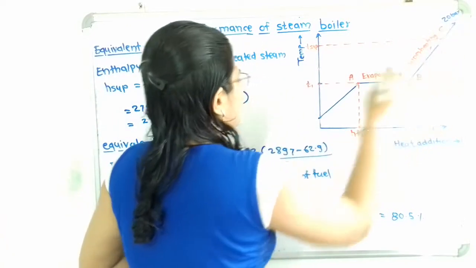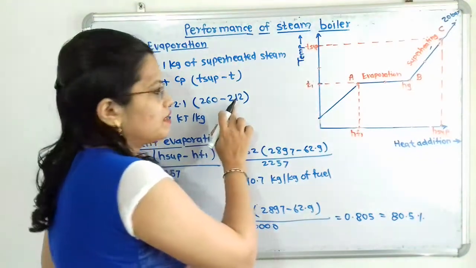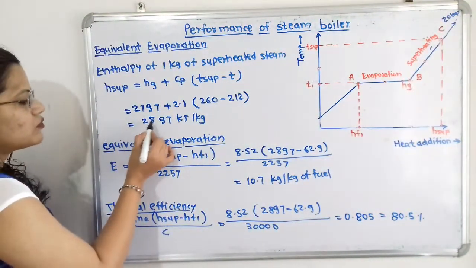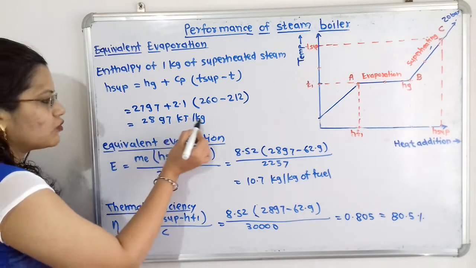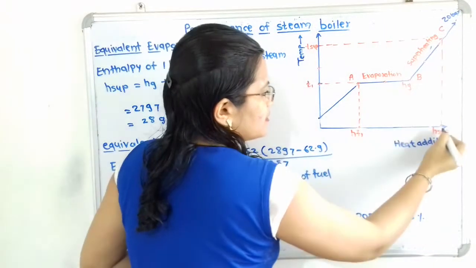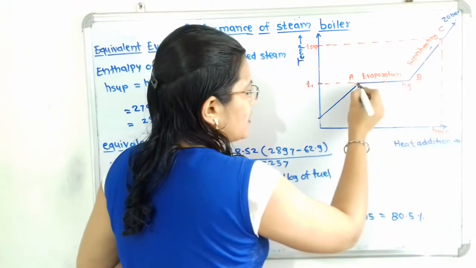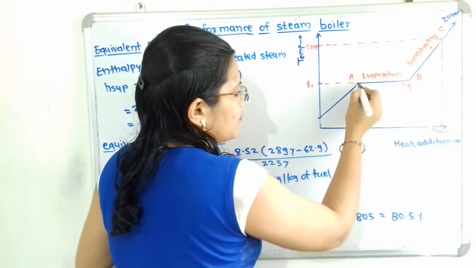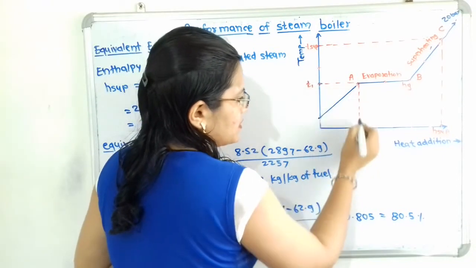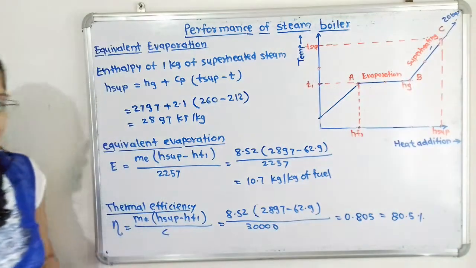So we take the temperature here at 20 bar, 212. So what is the answer? 2897 kilojoule per kilogram. Here is the enthalpy H superheated, and here is the enthalpy for the feed water temperature of 15 degrees Celsius, HF1.